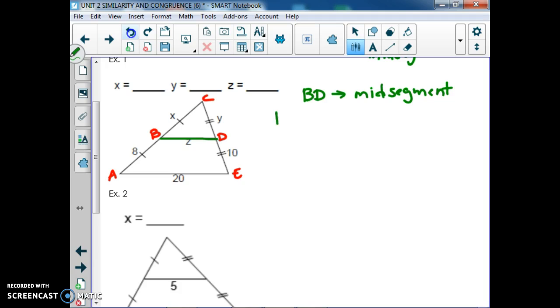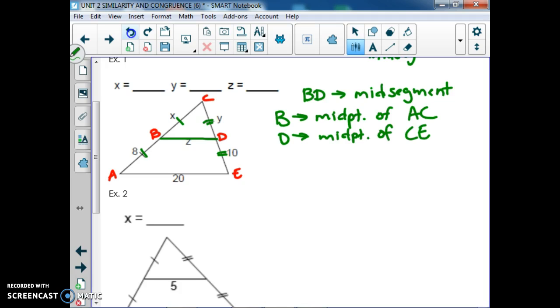B is the midpoint of AC, and D is the midpoint of CE. You can also tell that by looking at the diagram and seeing that on AC there are these two tick marks, meaning that those two sides are congruent to each other, AB and BC. You can see the same thing with CD and DE.